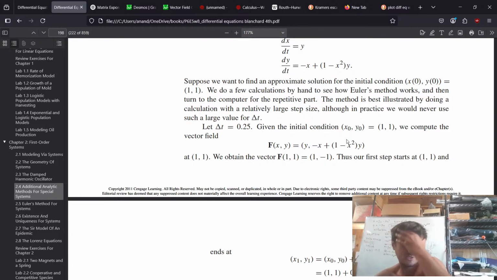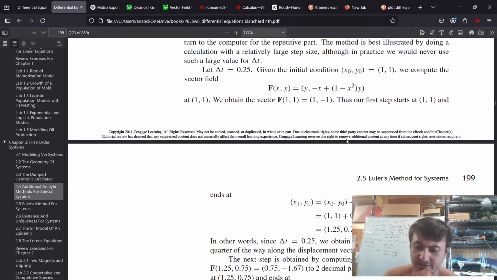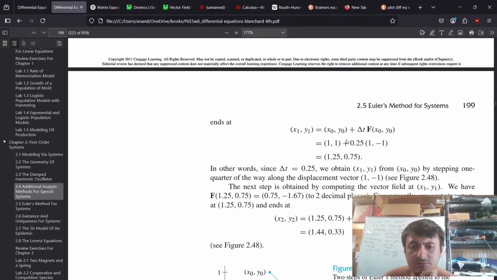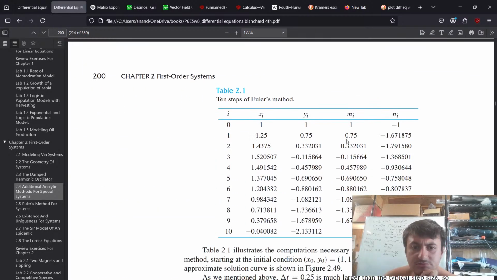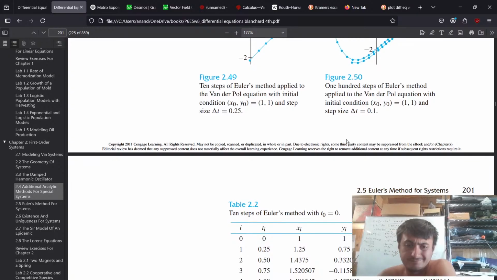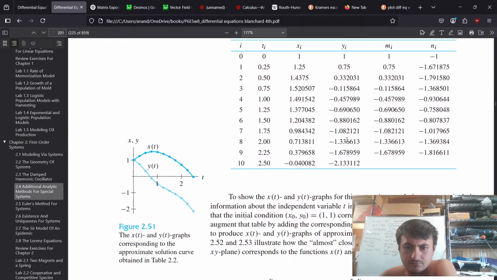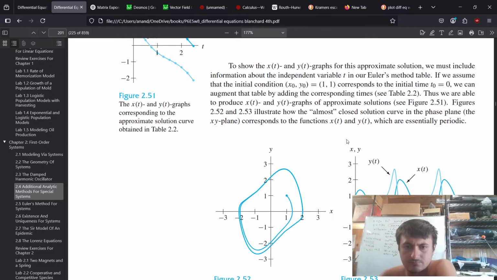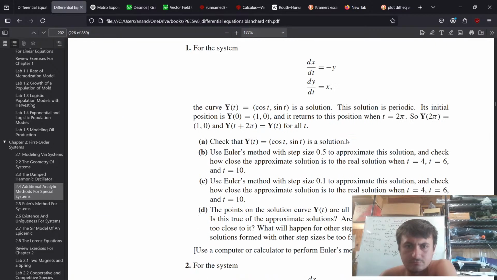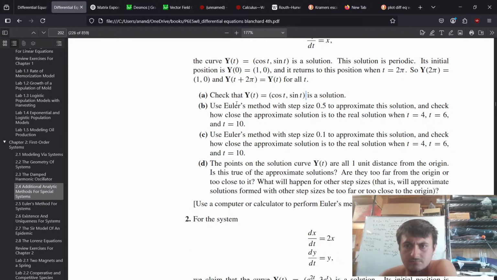All right, I just want to see. I mean, I don't really know if I want to like. Use Euler's method.